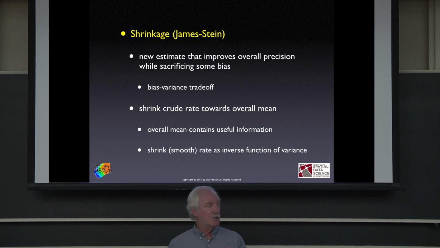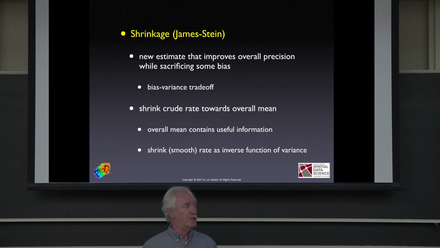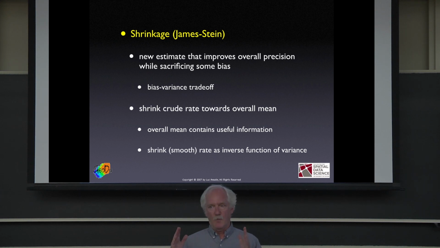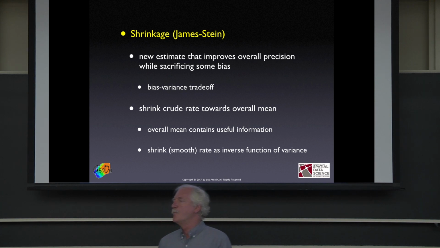Better in a mean squared error sense. So better in a sense that on average the precision was better than the unbiased estimator. And this was very similar to what we're talking about.